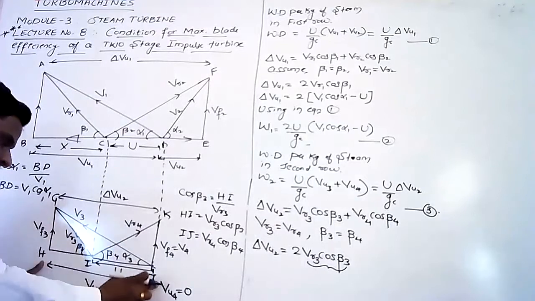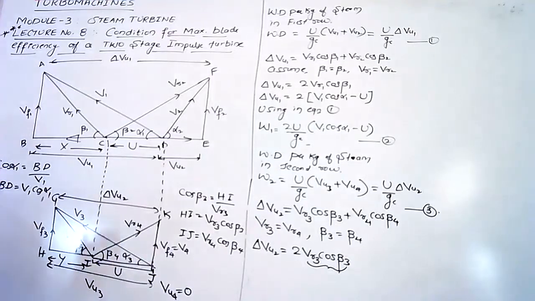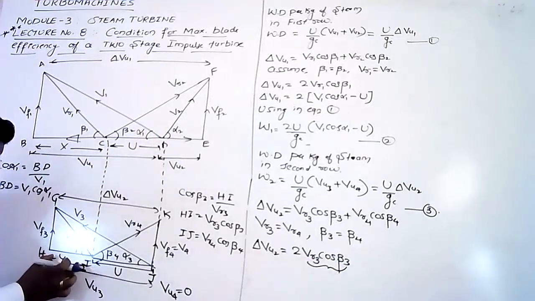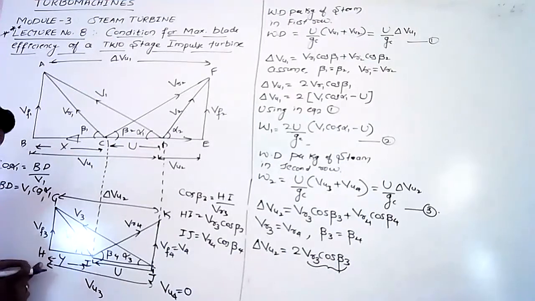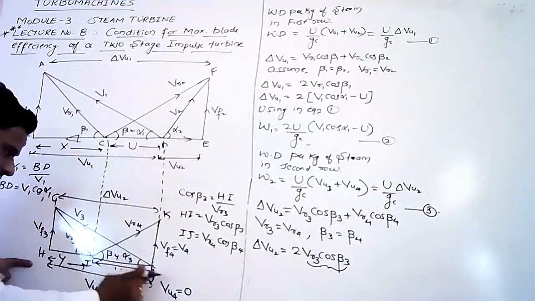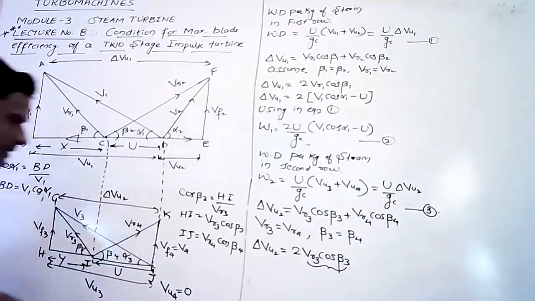Let us take this as Y. So this HI or Y can also be written as HJ minus U, where HJ is V3 cos alpha 3.